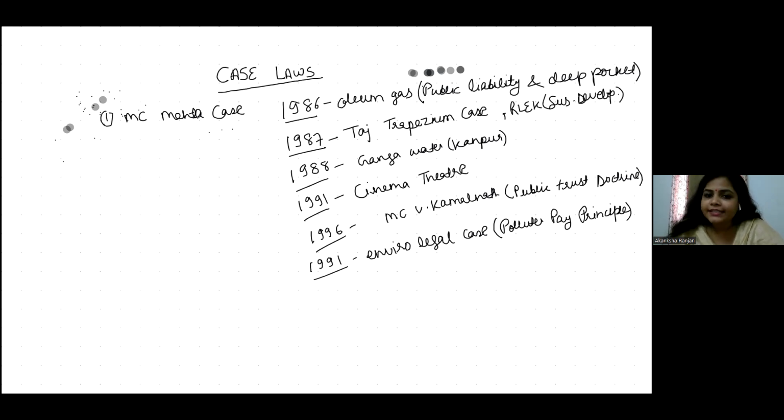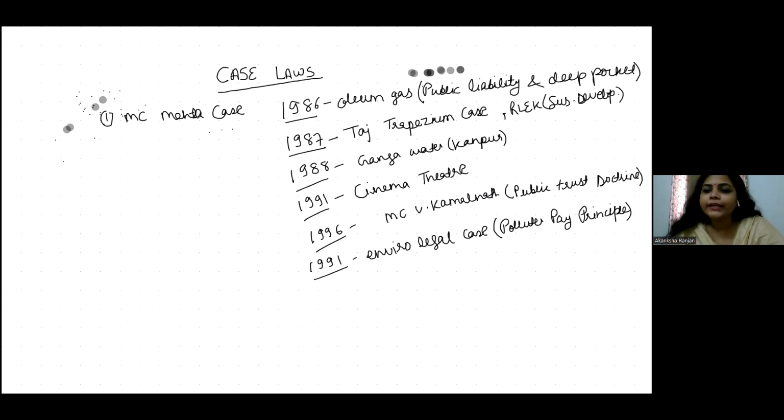This is the only case, MC Mehta versus Kamal Nath, in which the public trust doctrine was discussed, so you will answer versus Kamal Nath, not any other MC Mehta. Then 1996, another case, the Enviro-Legal Action case, in which the polluter pays principle was discussed. So this is the series of the MC Mehta cases.